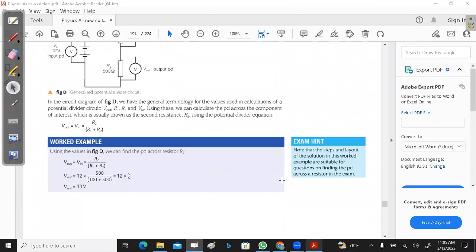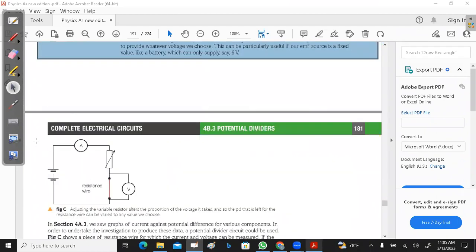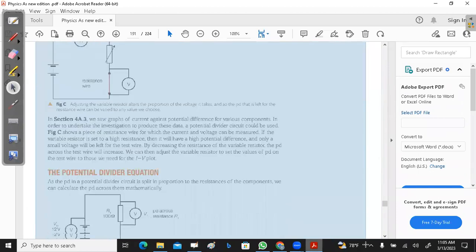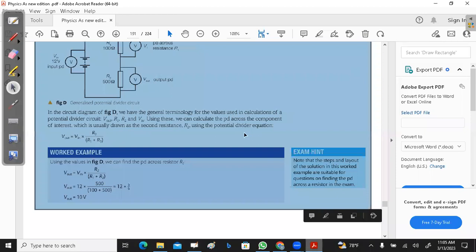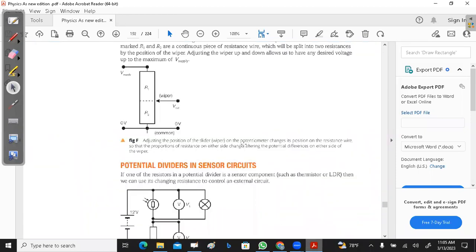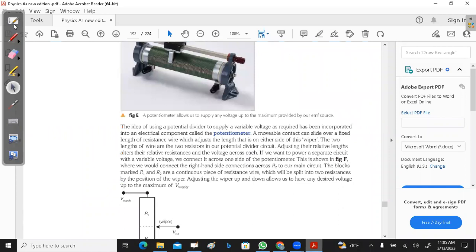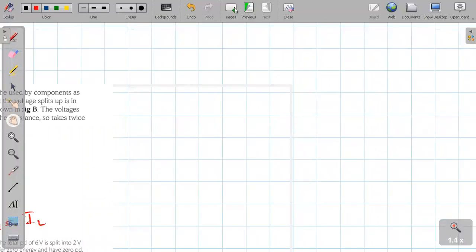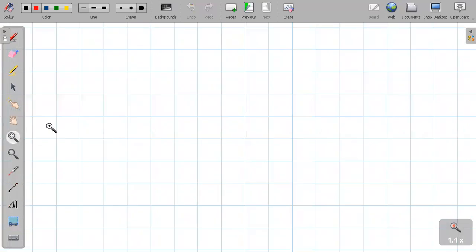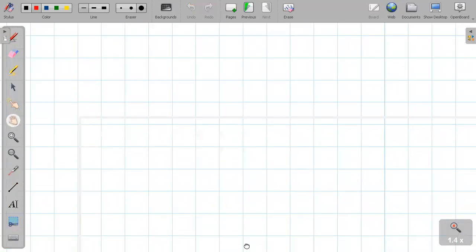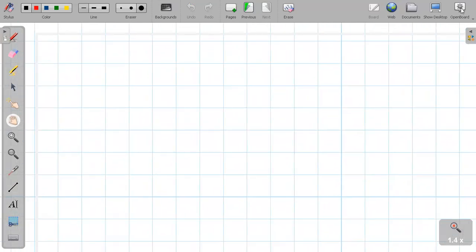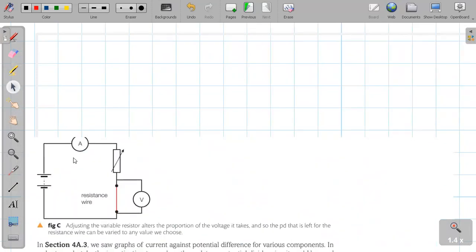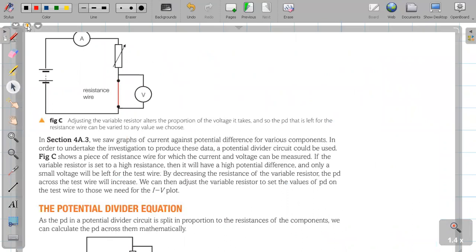Now this one is the best part you need to know. There are two methods to remember this. I will teach you both ways. Okay, so have a look.